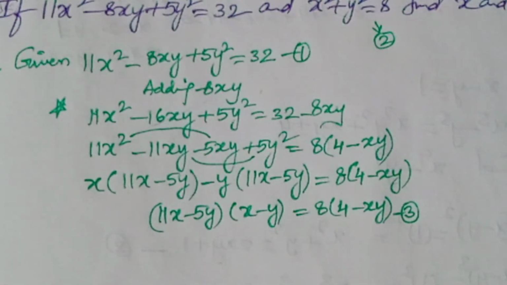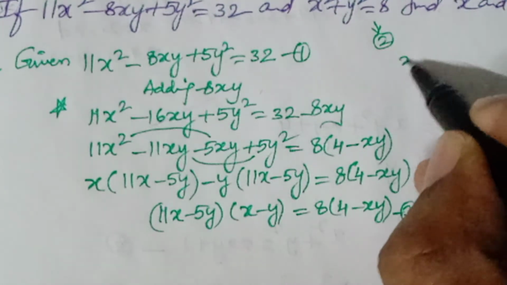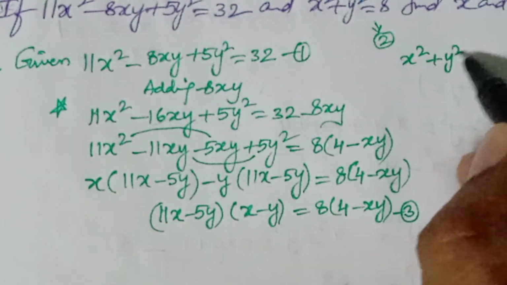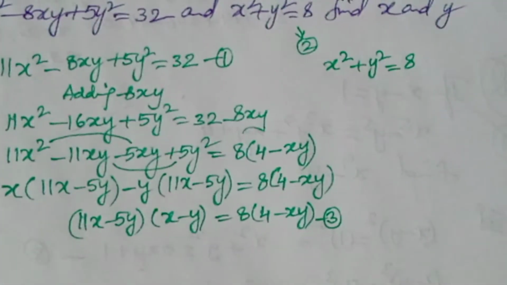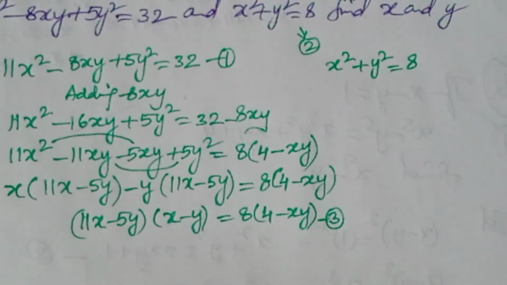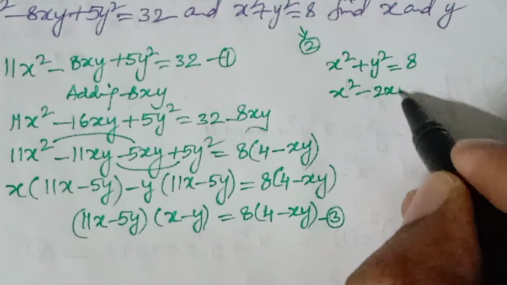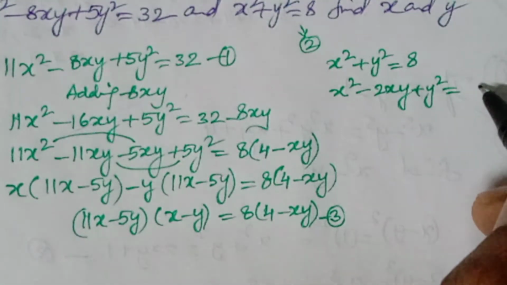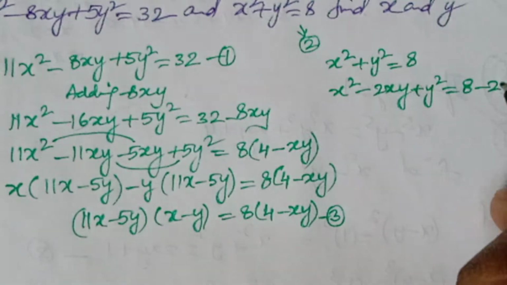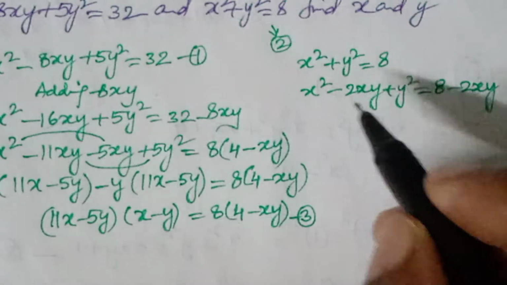So here, the second one, I am taking x square plus y square is equal to 8. So here I am subtracting 2xy: x square minus 2xy plus y square is equal to 8 minus 2xy.